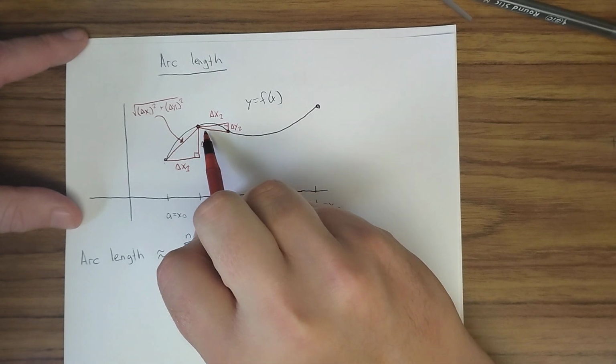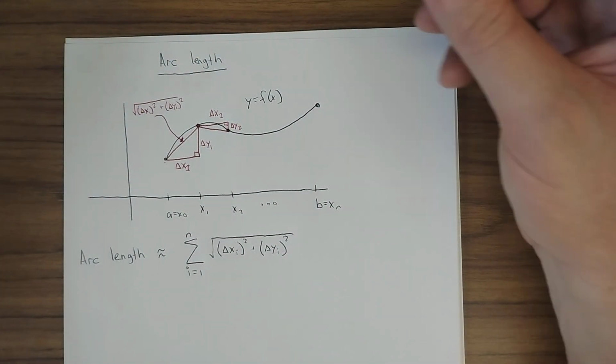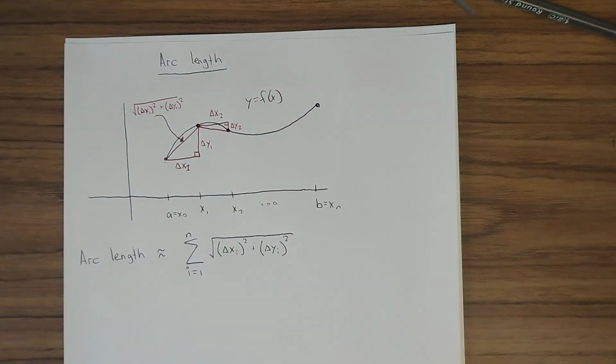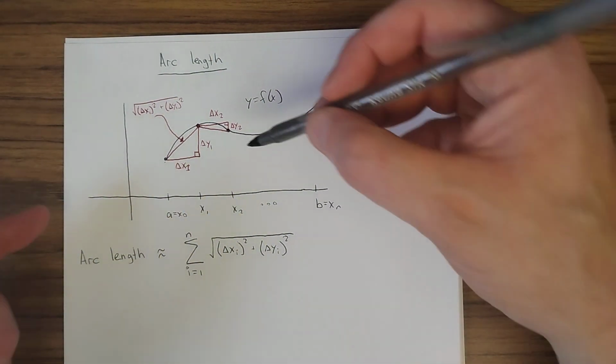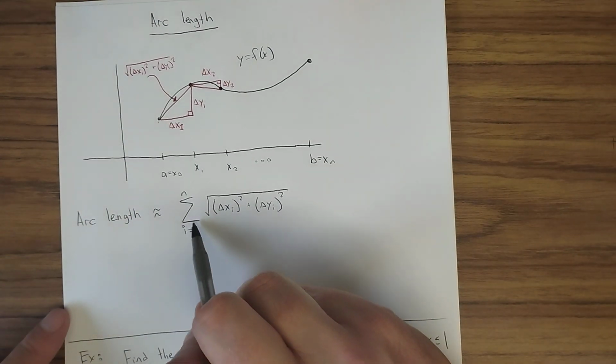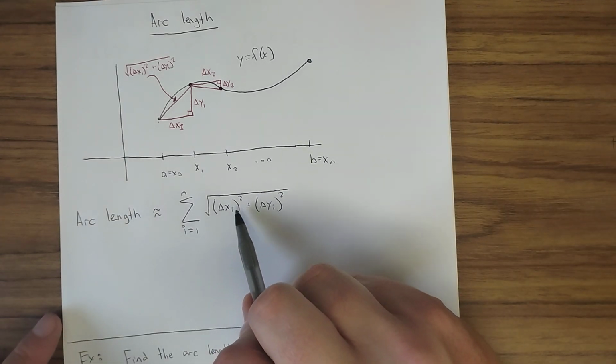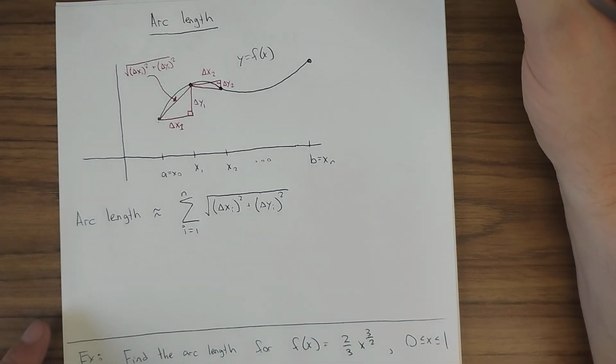And similarly, this hypotenuse would be the square root of delta x2 squared plus delta y2 squared. So what I get, if I add up all those hypotenuses, is the sum from i equals 1 to n of the square root of delta xi squared plus delta yi squared.